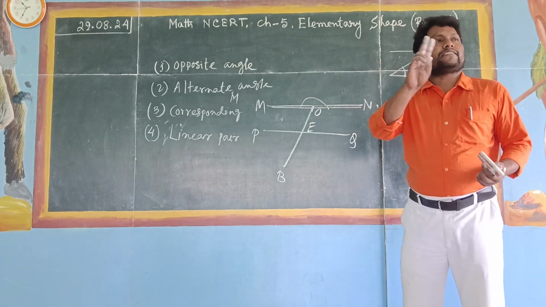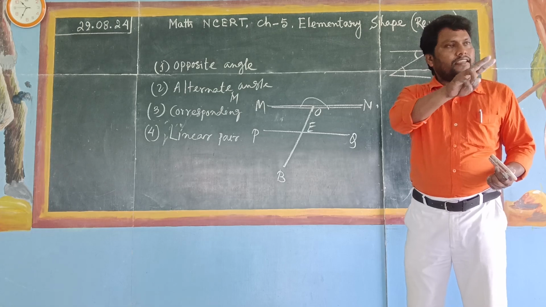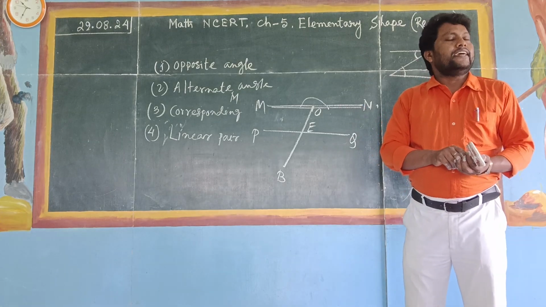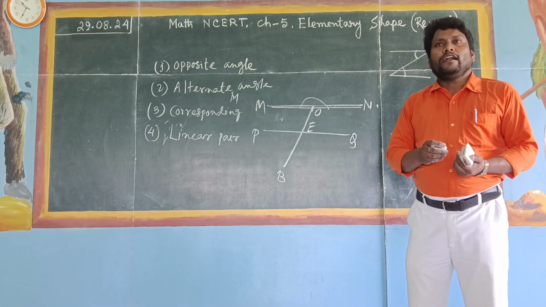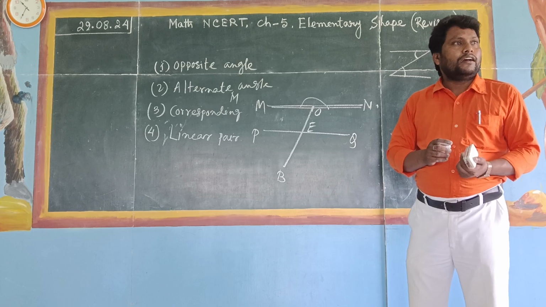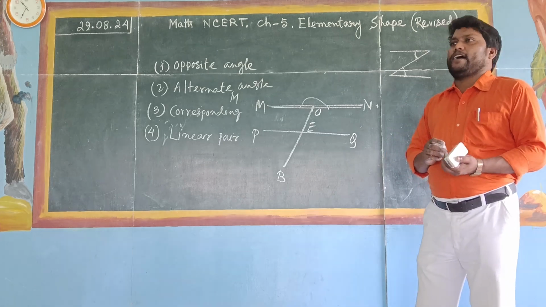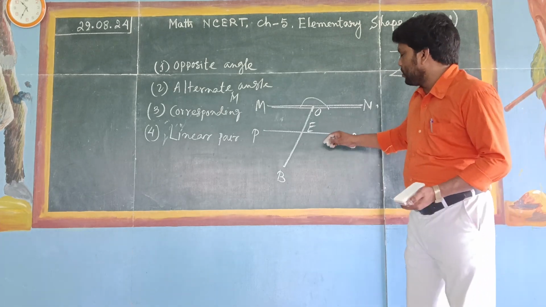Adjacent. If the sum of two adjacent angles is 180 degrees, then they will be called a linear pair. Okay.